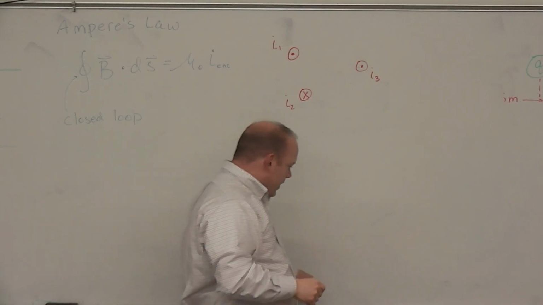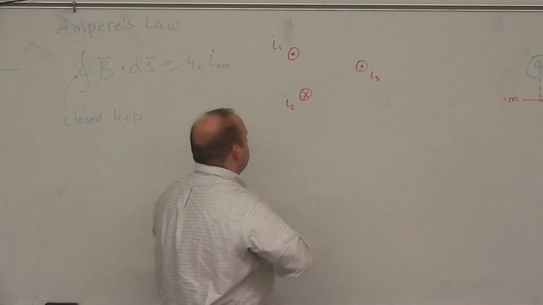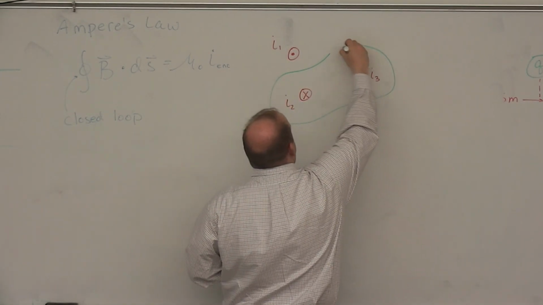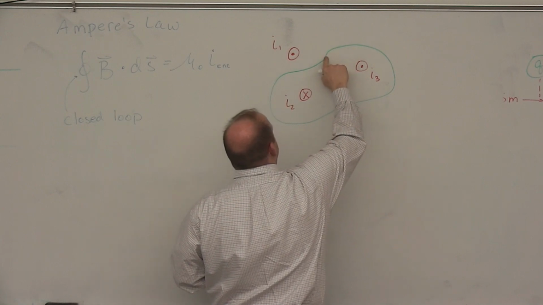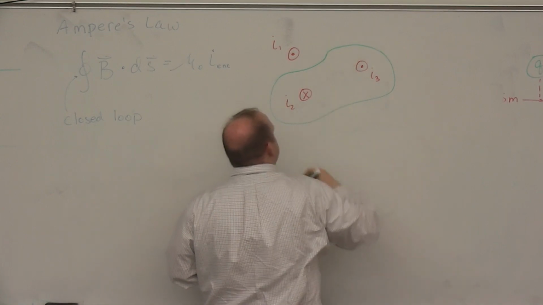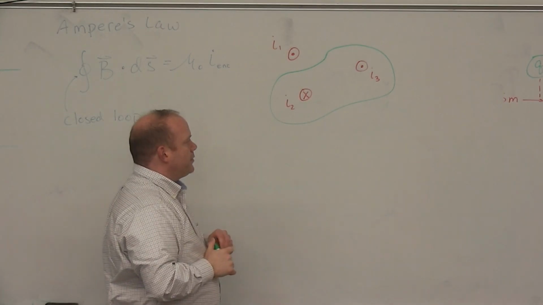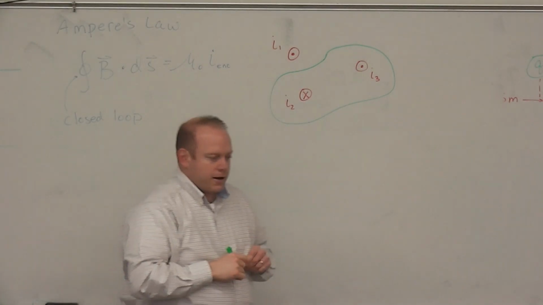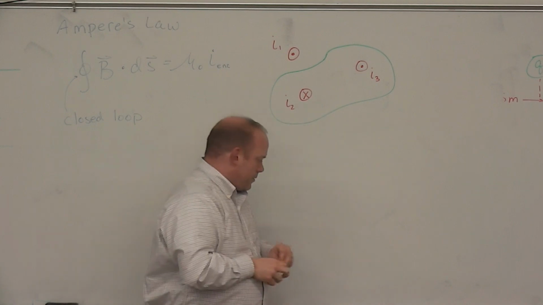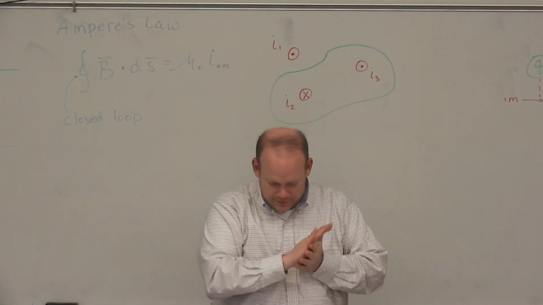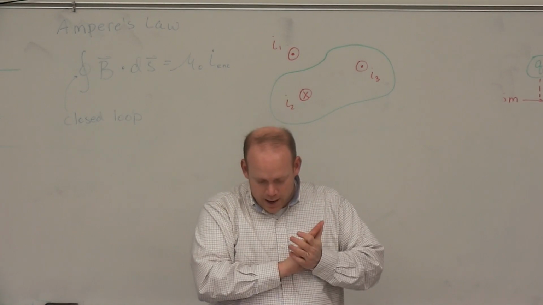So now I'm going to make a general Amperian loop. It has to be differentiable, which means it has to be smooth. Okay, no sharp kinks or anything like that. Actually, I don't even think it has to.